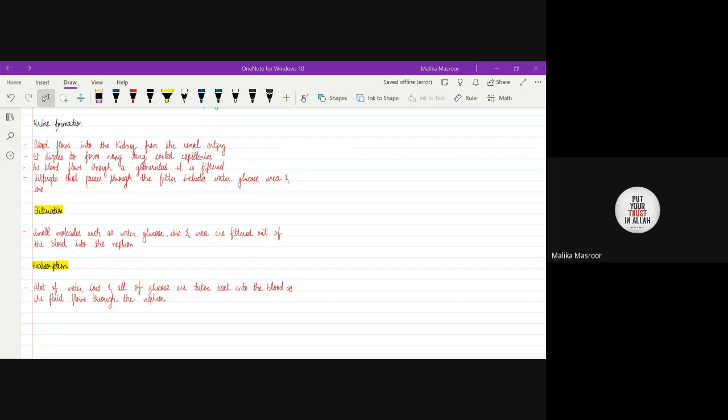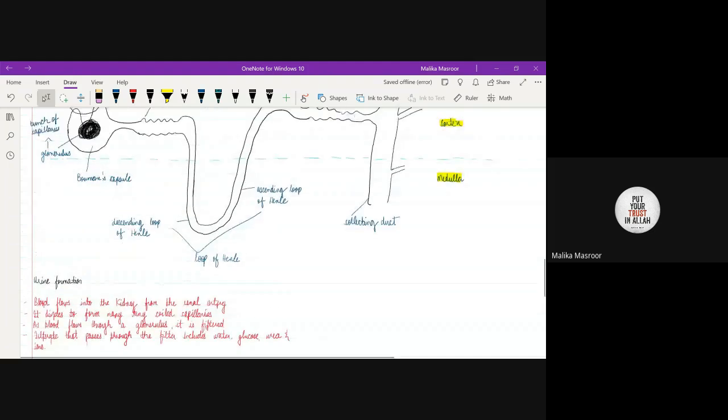Miss, all of these like glucose and water and ions are passing through the nephron, right? So how are they reabsorbed? Like from where is this reabsorption happening? That is what we will discuss from tomorrow, inshallah. At each point, from PCT, loop of Henle, DCT, everything is reabsorbed.